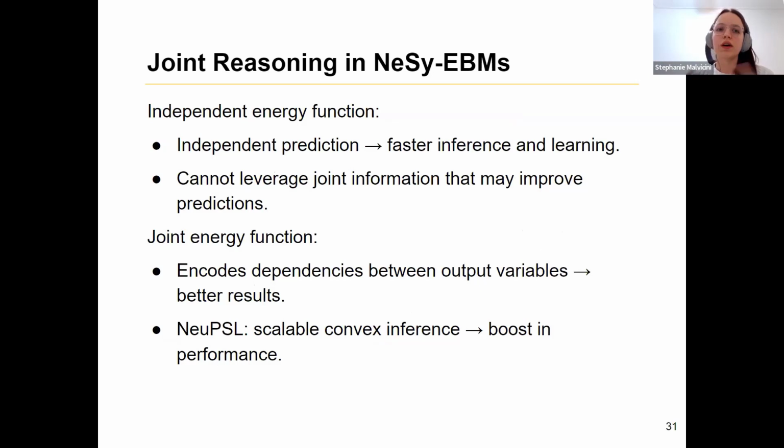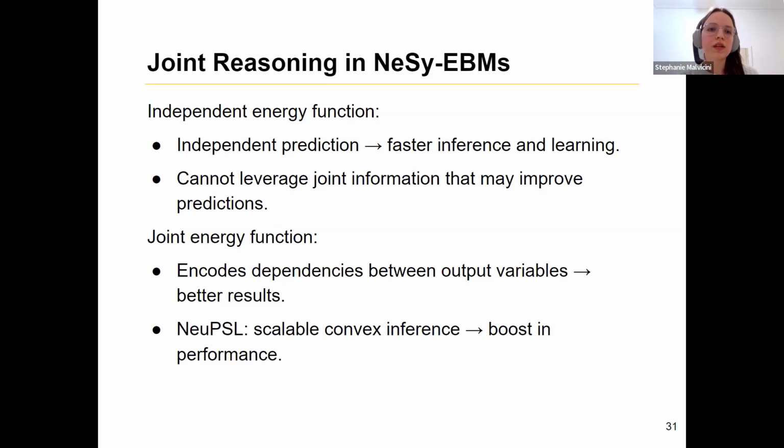So how does this affect our model? Well, since with independent energy functions we can have separable energy functions, we can have the result for a component separate from the result for the other component, so we can infer the class for both separately, so the inference and the learning can be done faster.